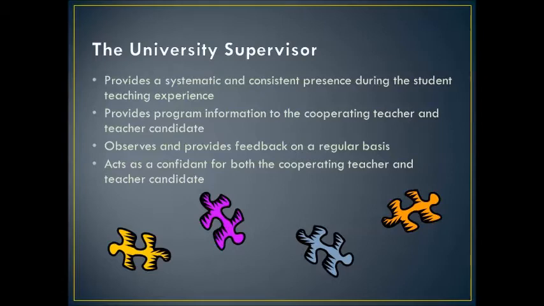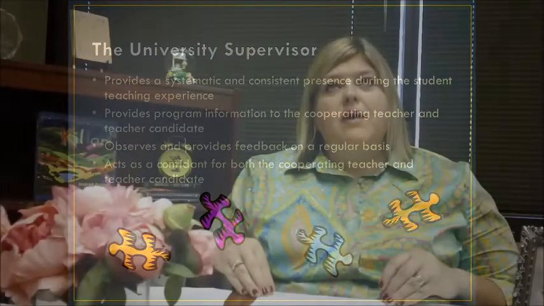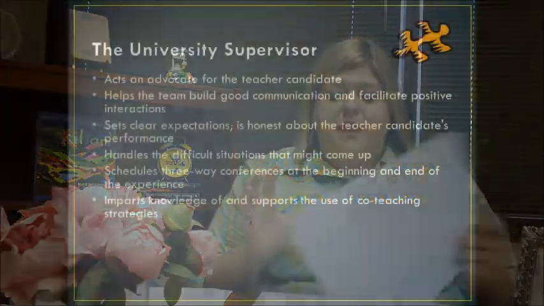And they also act as a confidant for you and the candidate. So not confidant in that there are things one is telling you that the other is not telling you, but to create that triad of support and to work in a consistent team of 3.